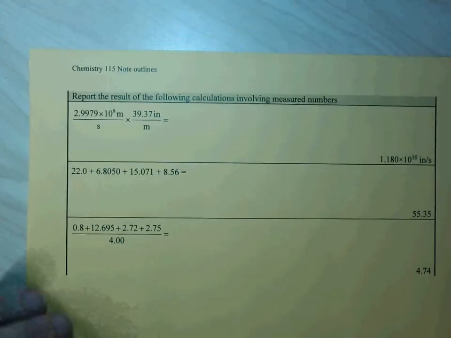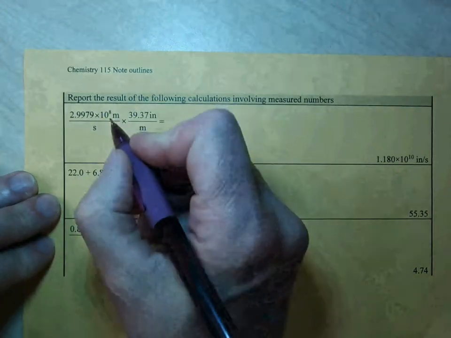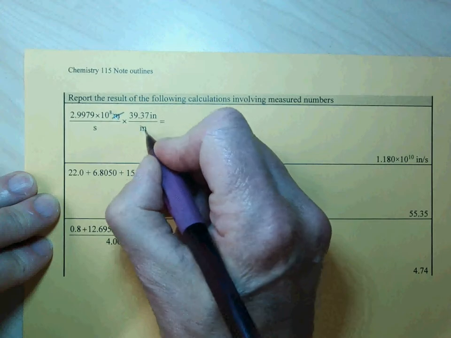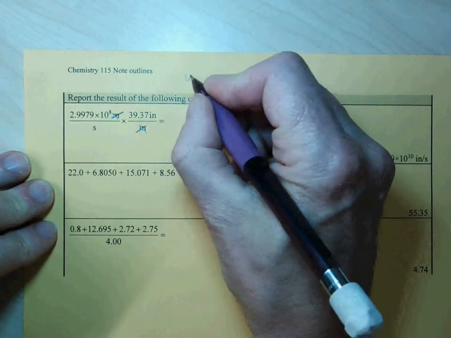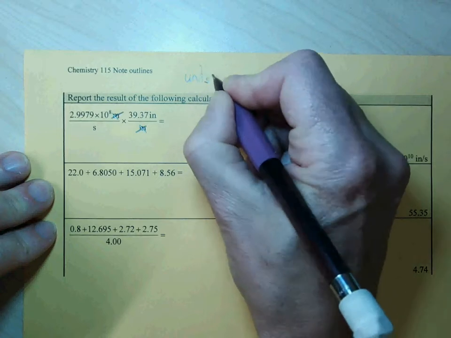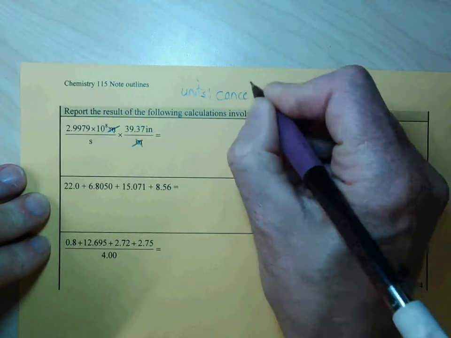And some examples. If we do this calculation, we would first note that as far as our units, the units of meters cancel out. So we can put a reminder that units cancel the same as numbers.